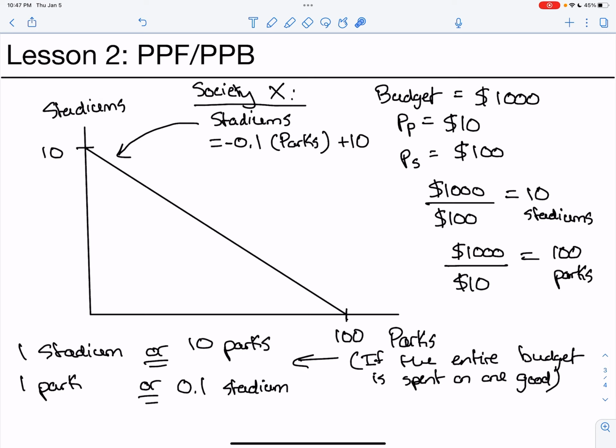Okay, now what do we notice? Well, we notice that this 0.1 here shows up in our equation for the line.